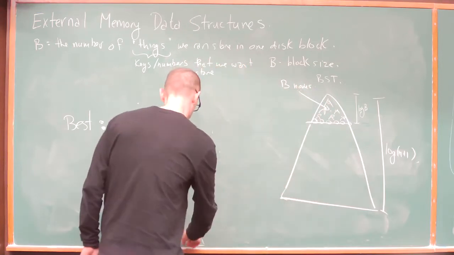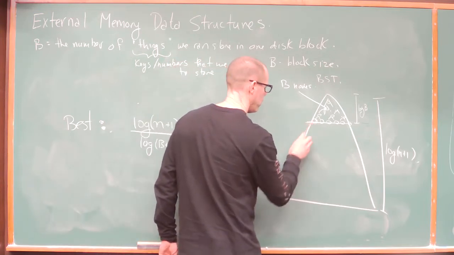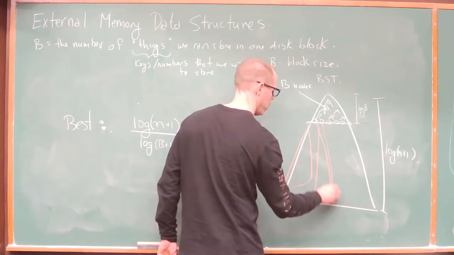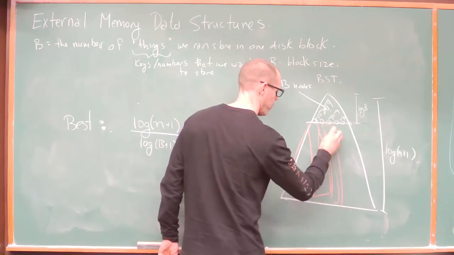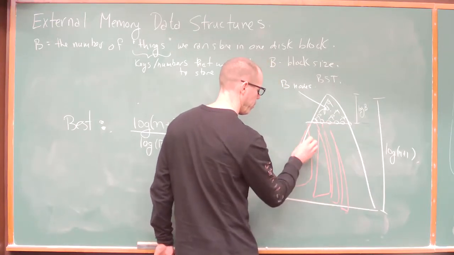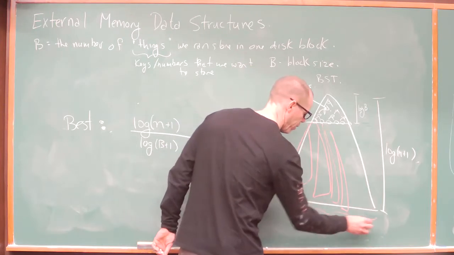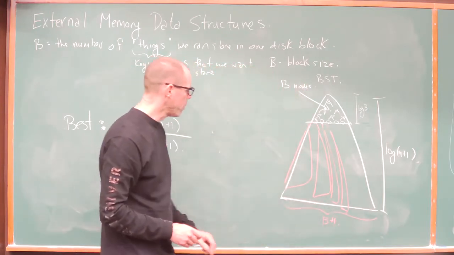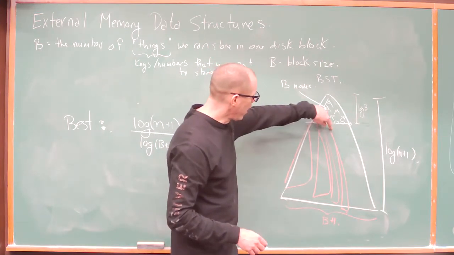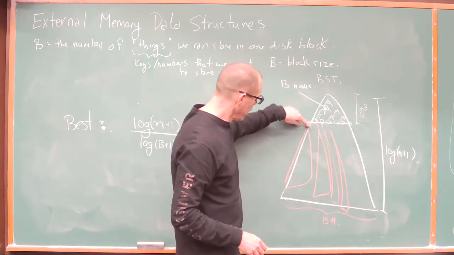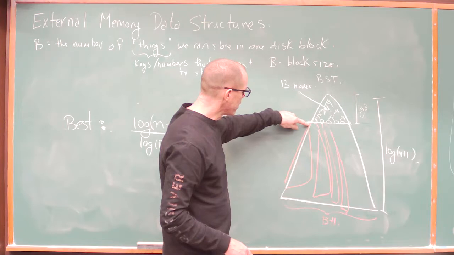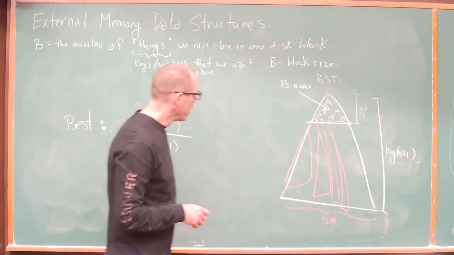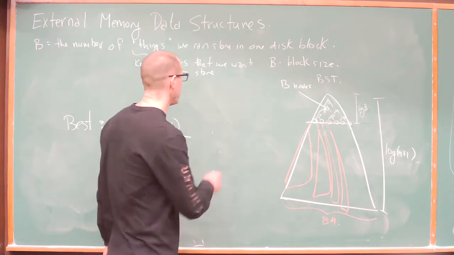And attached to those are B plus 1 trees whose height is log n minus whatever this log of B is. I'm being very, very rough here because we're not really going to do it this way. So I could take all these B nodes and store them in one block.